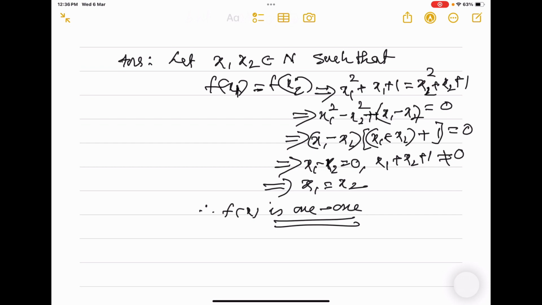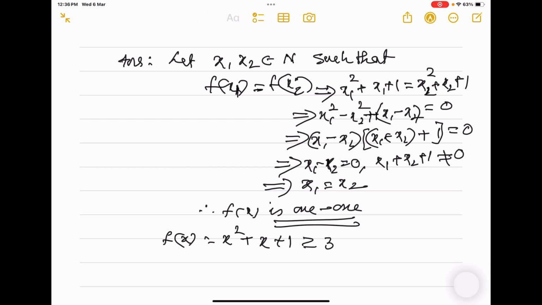For example, f of x equal to x square plus x plus 1 is greater than or equal to 3.